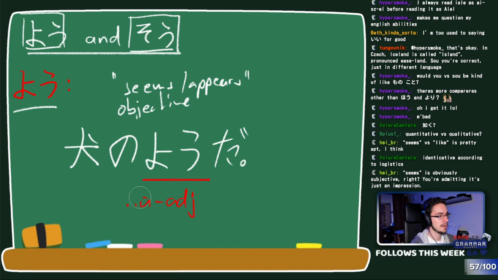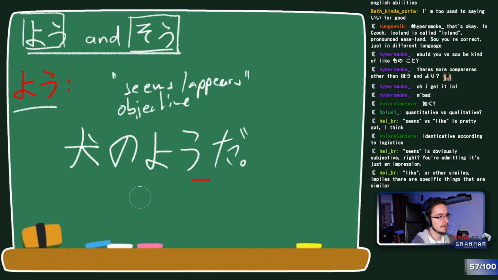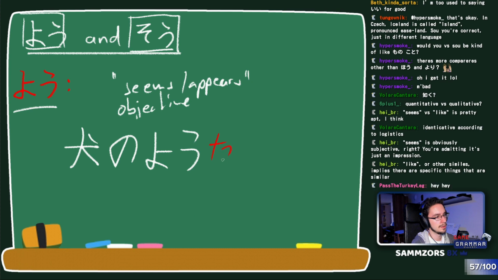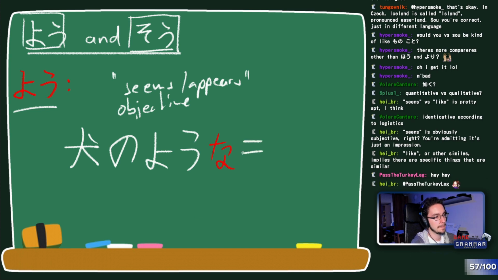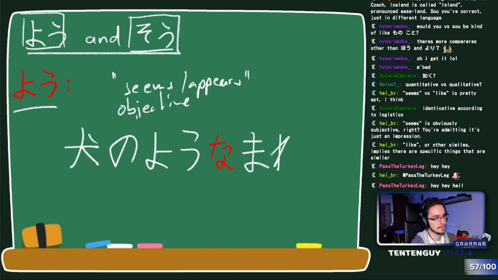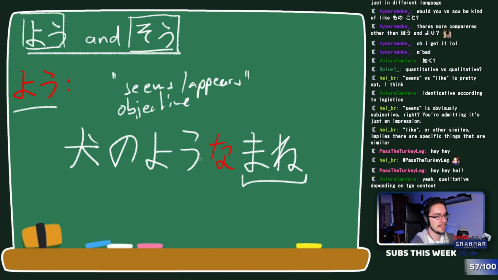Inu no yona. So one example would be, we could use it as an adjective. So inu no yona mane. Mane means doing something, behaving in a way, right? Mane. Behaving like a dog. Behavior that is like a dog.